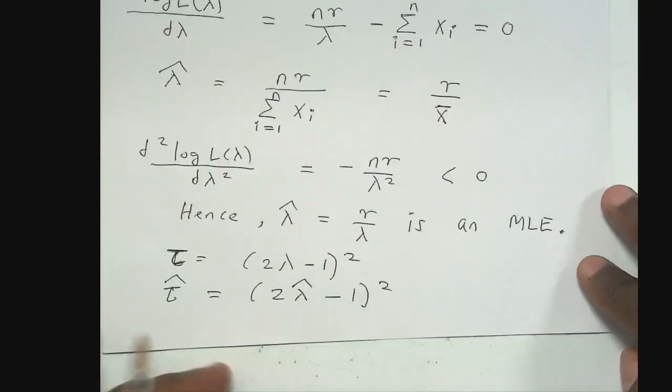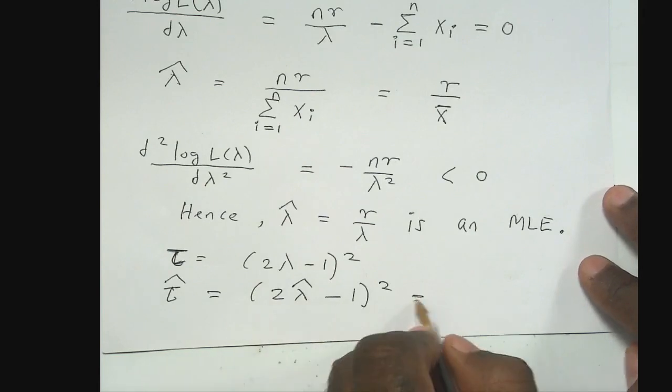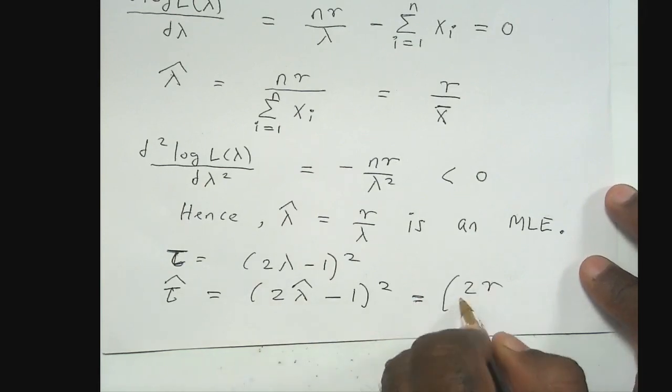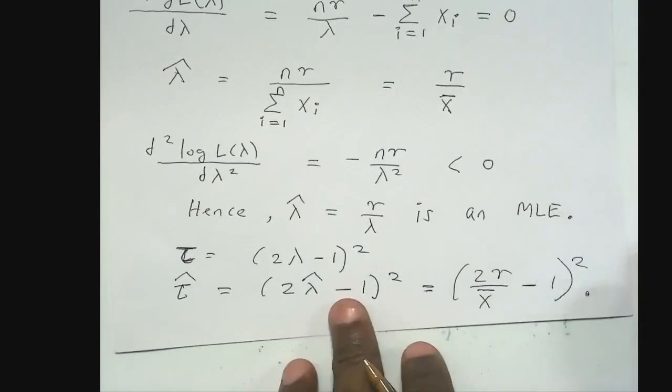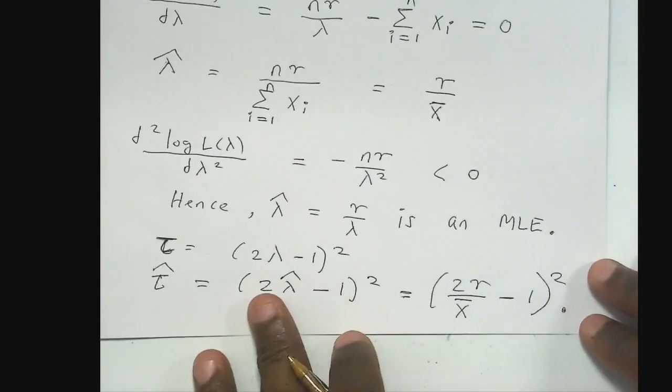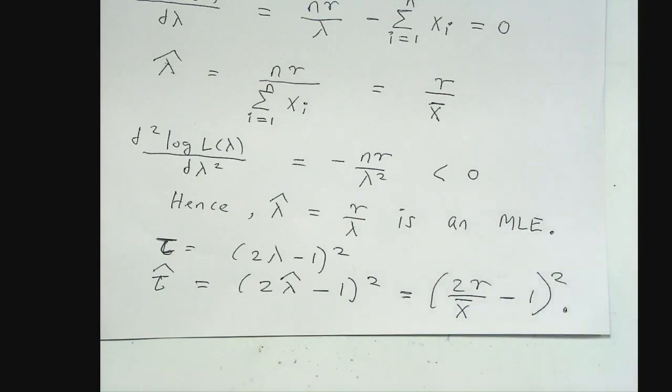So the MLE for tau is simply 2 lambda hat minus 1 squared, which is 2r divided by x bar minus 1 squared. This is known as the invariance property of MLEs, which says that if you know the MLE of a parameter, then you know the MLE of a function of that parameter. So that's the property I have used here.